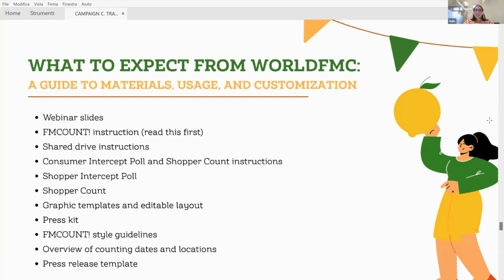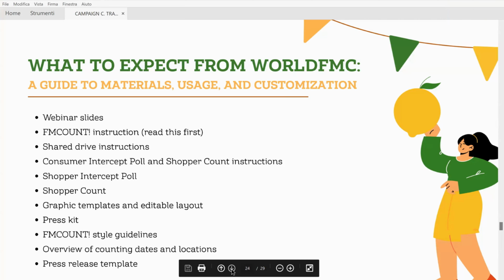Then you will also receive a press kit, as mentioned before. The farm market count guidelines are already present in the shared folder. There is the file where you can put the day of the counting of your market, and also a press release template that you can fill out with all the information and data that you gathered during the counting.